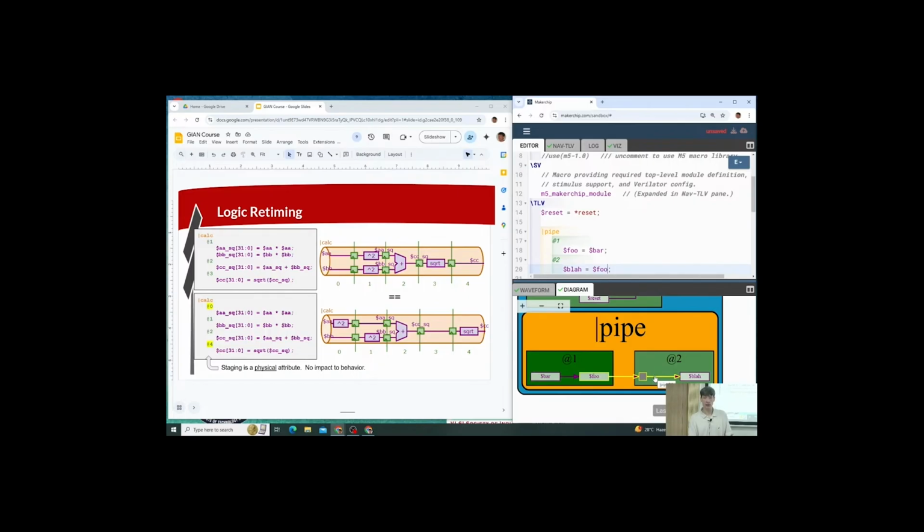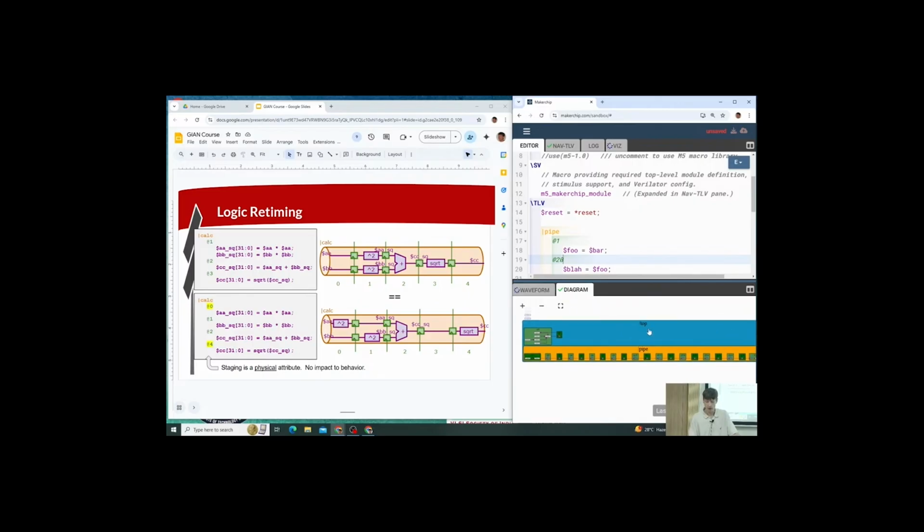Those would all be declared independently. In TL-Verilog, the pipe signal is the signal as assigned and all staged versions of that signal, right? So we're assigning the pipe signal foo in stage 1, we're consuming the pipe signal foo in stage 2. That implies the flip-flop. This whole path is the same pipe signal, right? And of course, we can change this to a 20, and we get 20 stages.